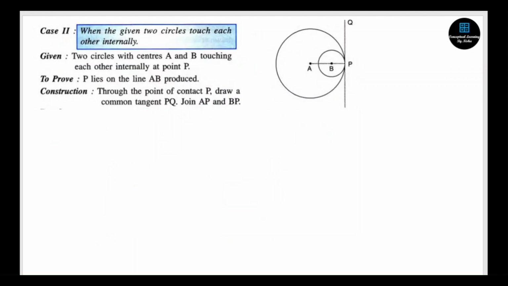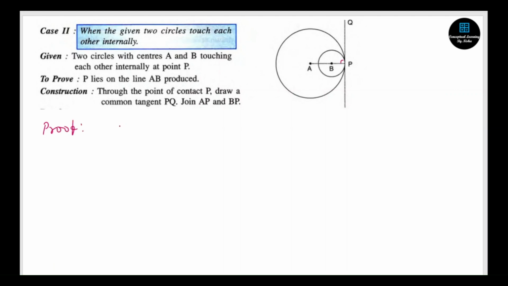Now we'll take the second case, when the circles touch internally. We just constructed the tangent, and now I am writing the proof.